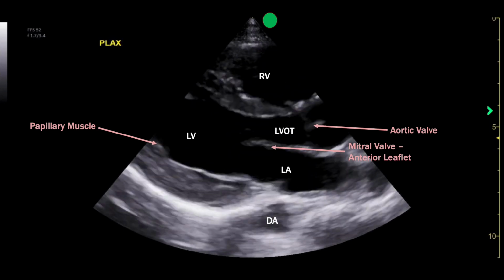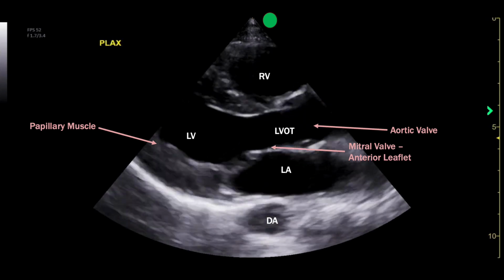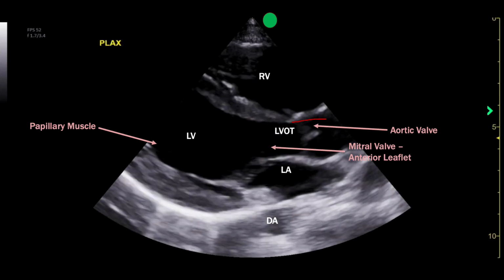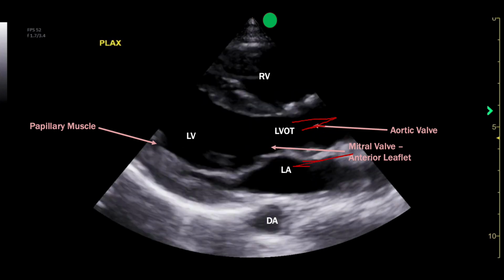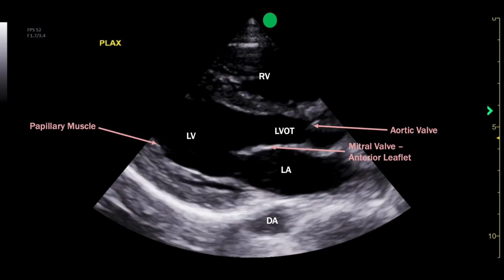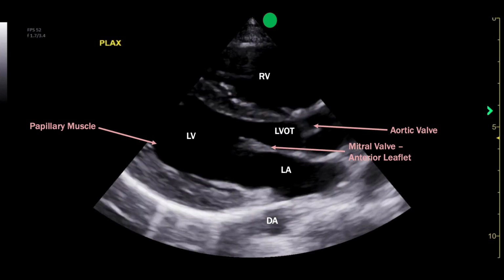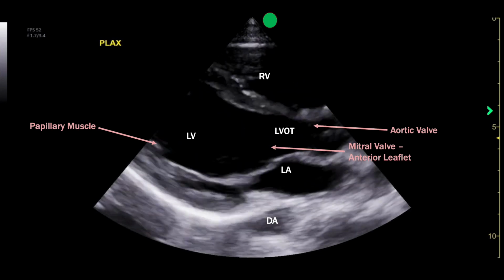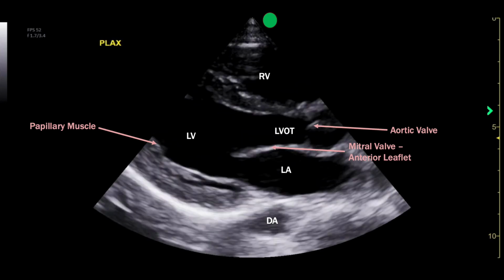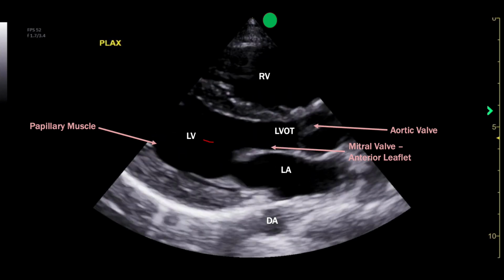Therefore, structures that you could find facing towards the right shoulder will include the aorta, as well as the left atrium. On the left side of the screen, you will see structures sitting on the left inferior aspect of the patient or towards the patient's left hip in relation to the probe position. So that would be the left ventricle in this case.